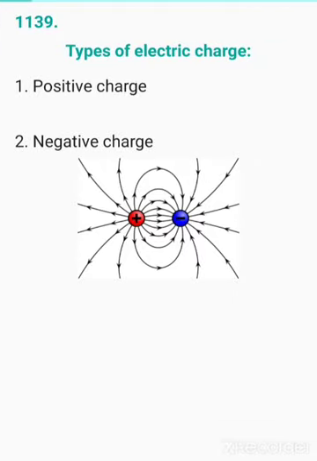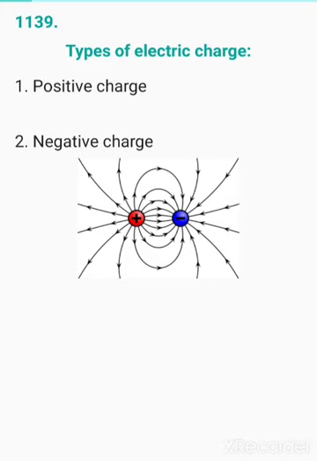So basically there are two types of charges: positive charge and negative charge. Obviously, when an element loses electrons, it had more electrons, so after losing electrons it is converted into positive charge, and vice versa.